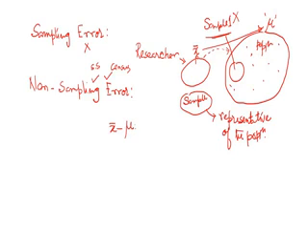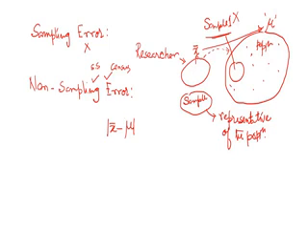Now, this error, as you understand, can be positive also, can be negative also. If this error is positive, it means that you have overestimated the value of mu. If this x bar minus mu is negative, then you have underestimated the mean value. Some people, instead of this, take a modulus. That is, I am interested in the magnitude of the error, not its direction, that is minus or plus.